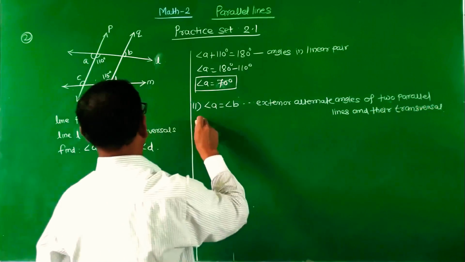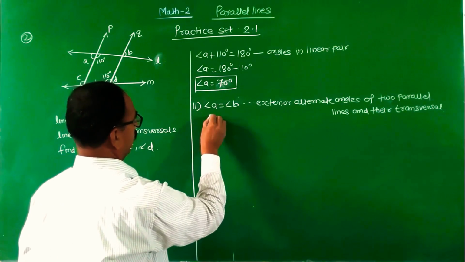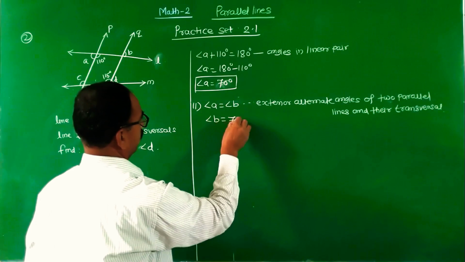So the measure of angle A and the measure of angle B are equal. We have angle A equal to 70, so angle B is also 70 degrees.